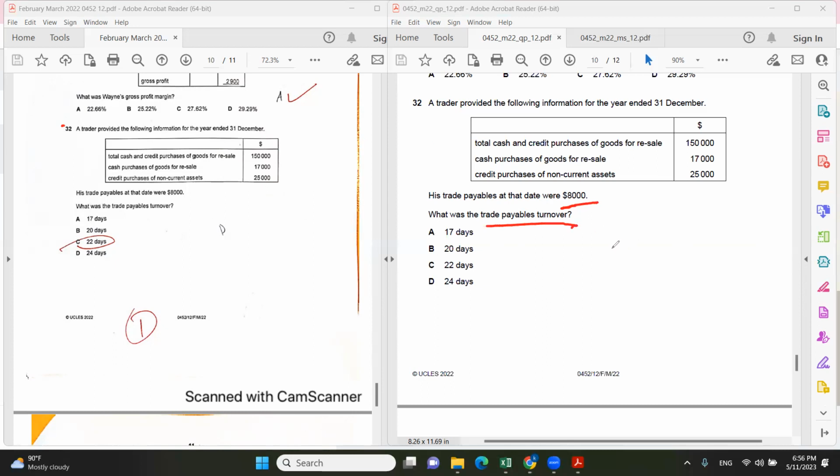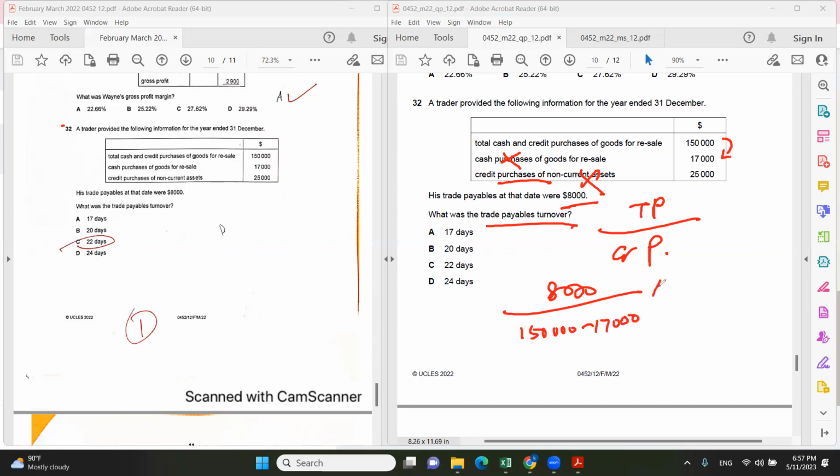Trade payable turnover. So the formula is trade payable divided by the credit purchases. So 8,000. And then credit purchases is, this is non-current asset, no. The cash purchases, no. Total cash and the credit purchases. So we have to take this one minus this one. So it's 150 minus 17.